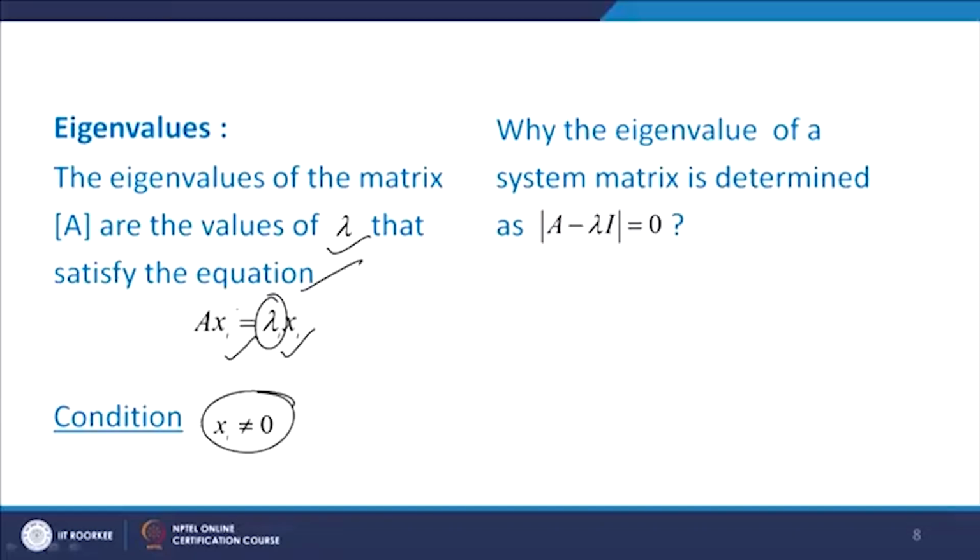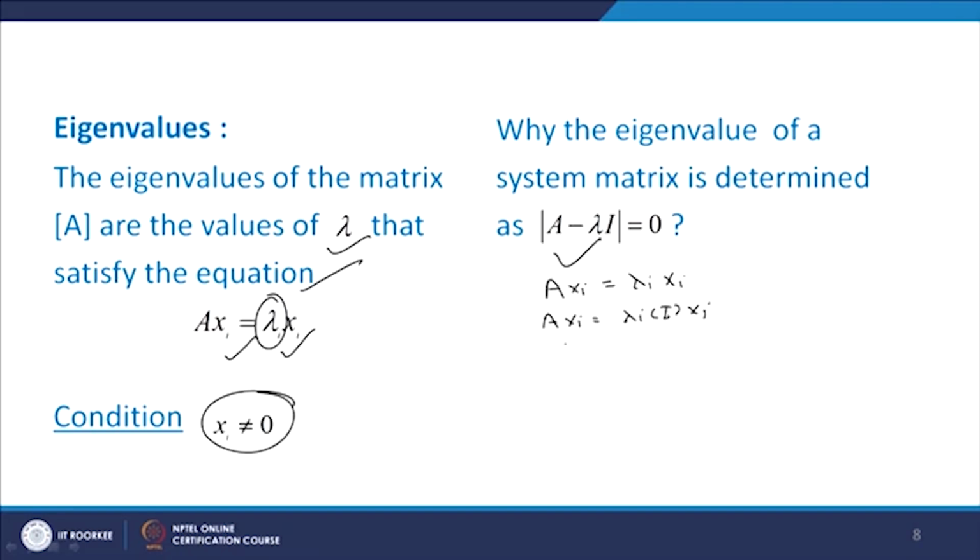Now why are the eigenvalues of the system matrix defined by A minus lambda I equals 0? Whenever we calculate the eigenvalues, why do we say that A minus lambda I equals 0? For that purpose, we write A xi equals lambda I into xi, assuming an identity matrix.